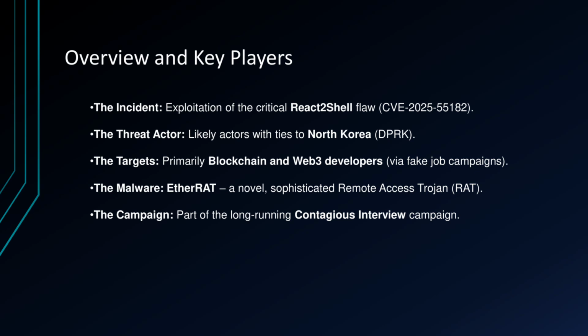The targets are primarily blockchain and Web3 developers, often lured through fake job campaigns. The payload is EtherRAT, a novel, sophisticated remote access Trojan, RAT. This campaign is part of the long-running social engineering effort known as Contagious Interview.